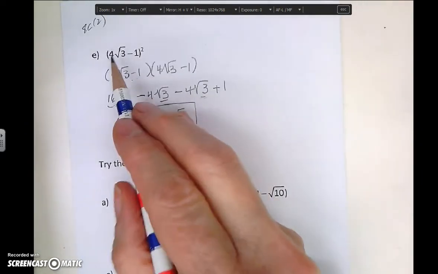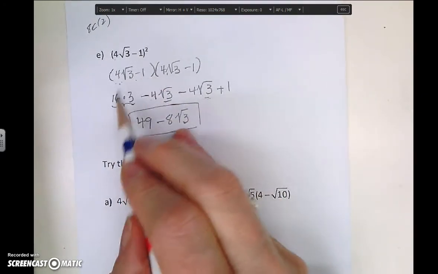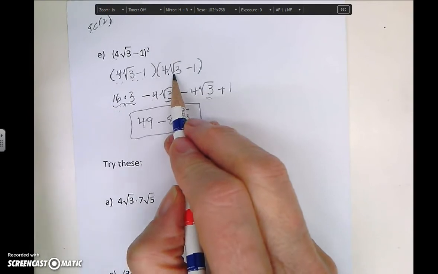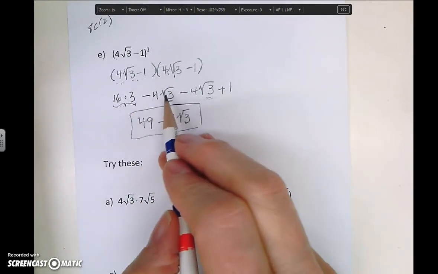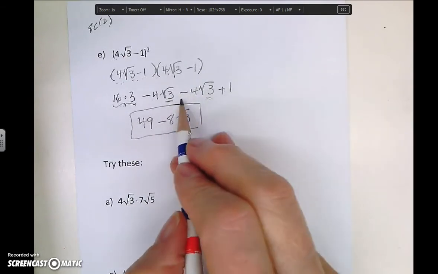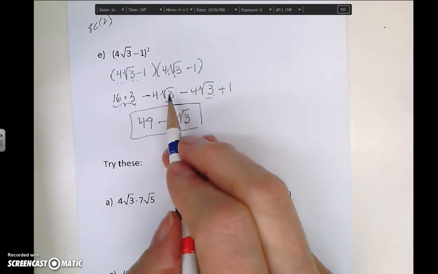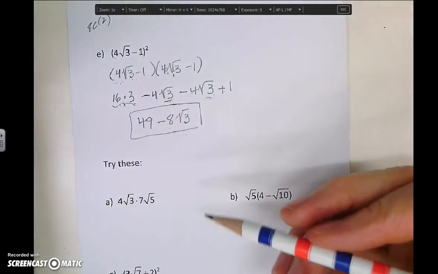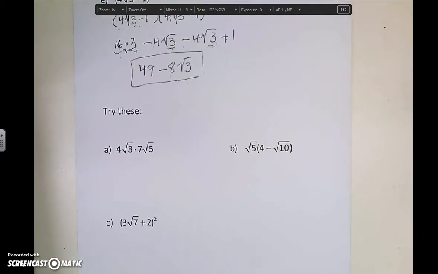When you're multiplying, you multiply everything. 4 times 4 is 16. Radical 3 times radical 3, radical 9, which is 3. And when you're adding, you have to have like terms, and then you add the coefficients, negative 8, and you keep the radical the same. All right, so take a minute now and try these next problems.